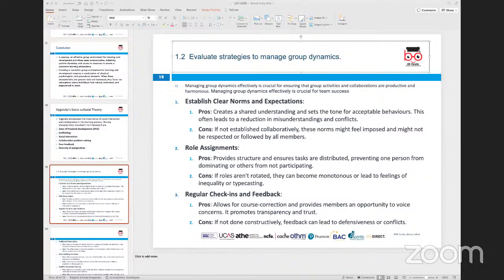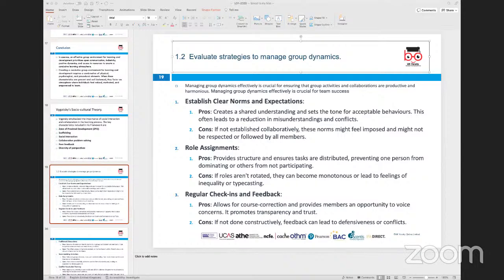Now, when we look at the management of group dynamics, these things are very essential for the process of team success. So how would you establish group dynamics? You establish it by setting very clear norms and expectations. You're looking at assignment of roles, so that people clearly know what their roles and responsibilities are.